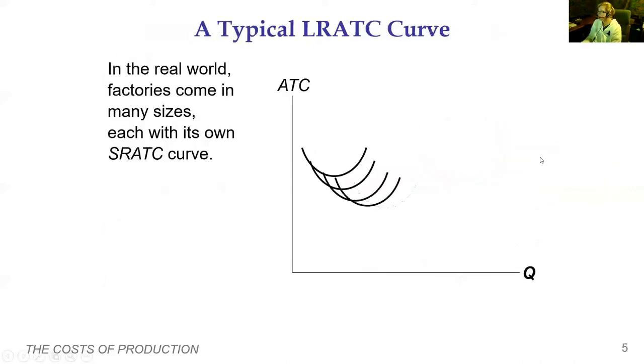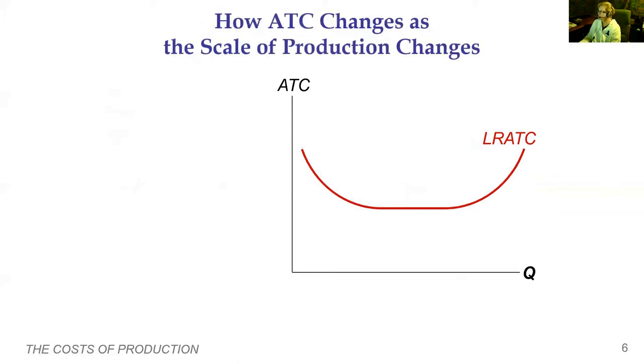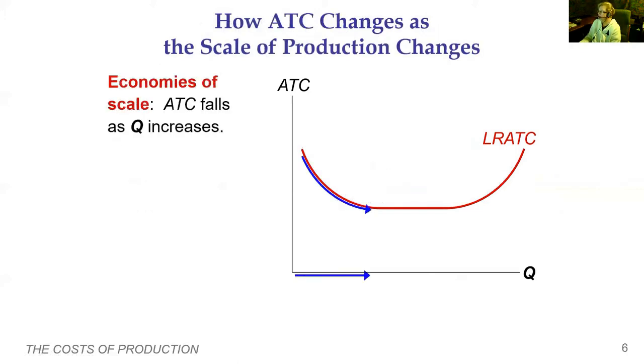So if we take lots of different sizes and we put them together, we see the long run average total cost curve. Again, that first portion of the long run average total cost curve, we have economies of scale. Why? Because our average total cost is greater than our marginal cost.